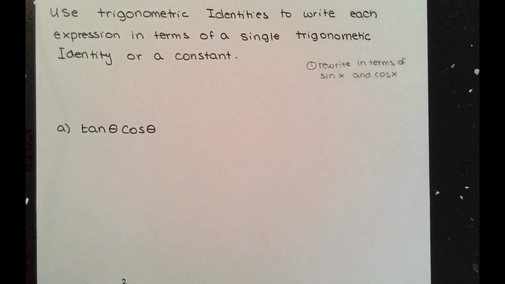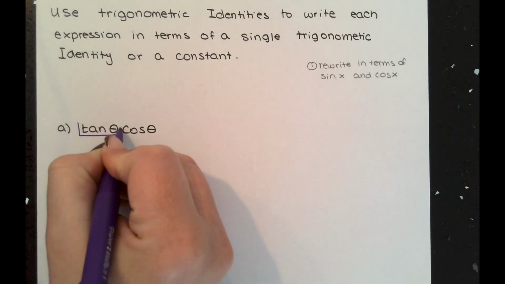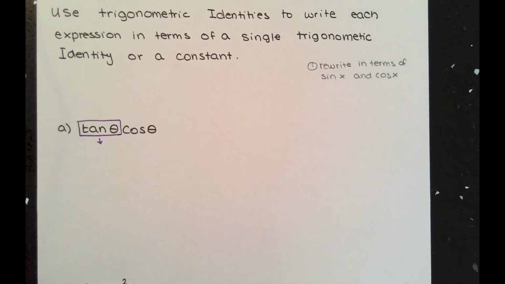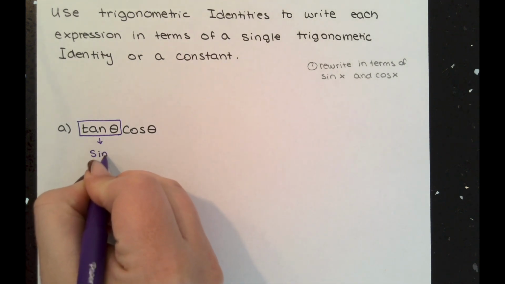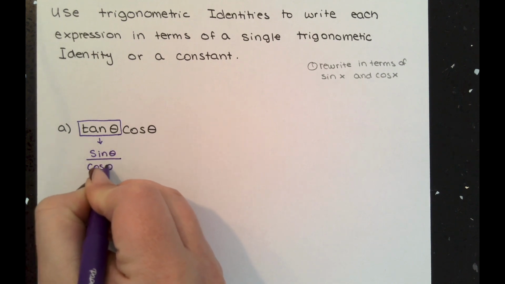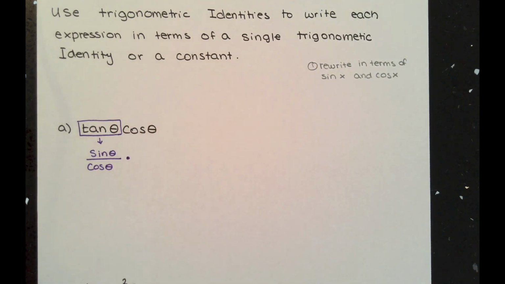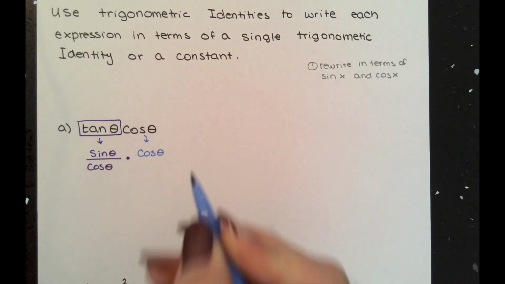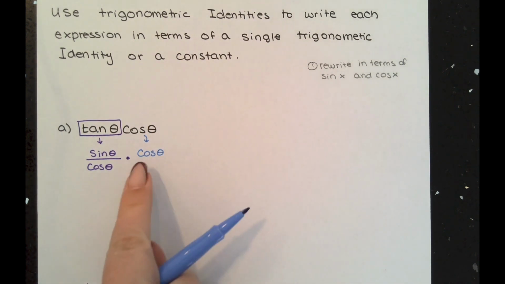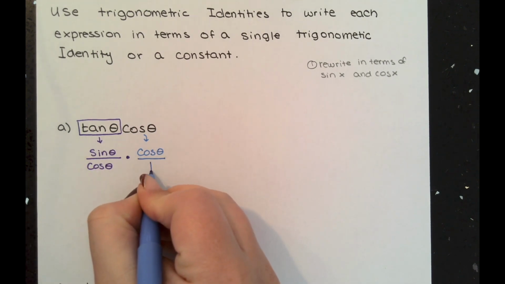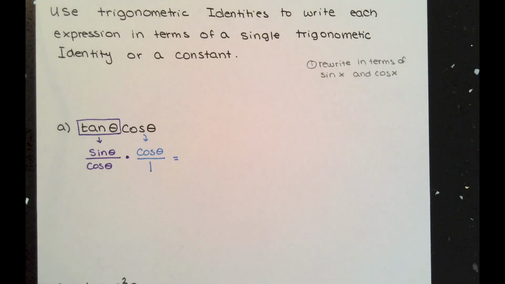All right, let's go ahead and do that. So tangent, this is not squared, so not Pythagorean identity. Tangent, we know by the tangent and cotangent identities, is sine of theta over cosine of theta. This is being multiplied by the original cosine of theta. Now, because I'm multiplying a whole function by a fraction, I'm going to put a 1 underneath it, and we're just going to multiply across.